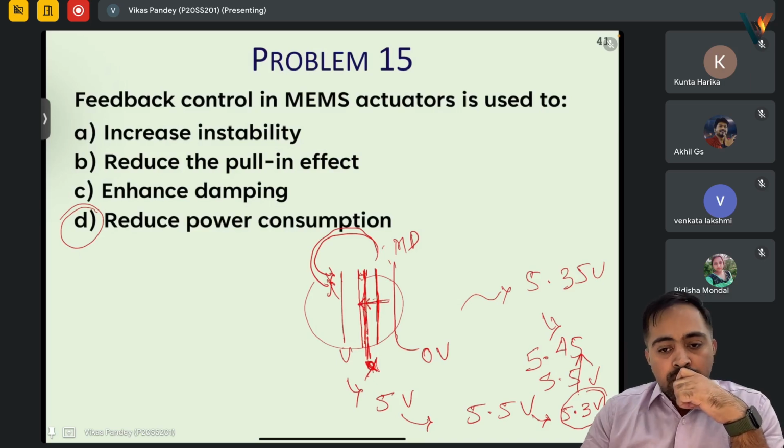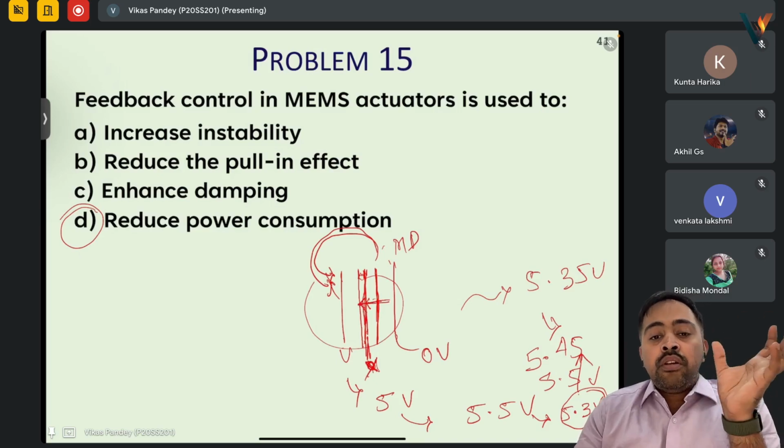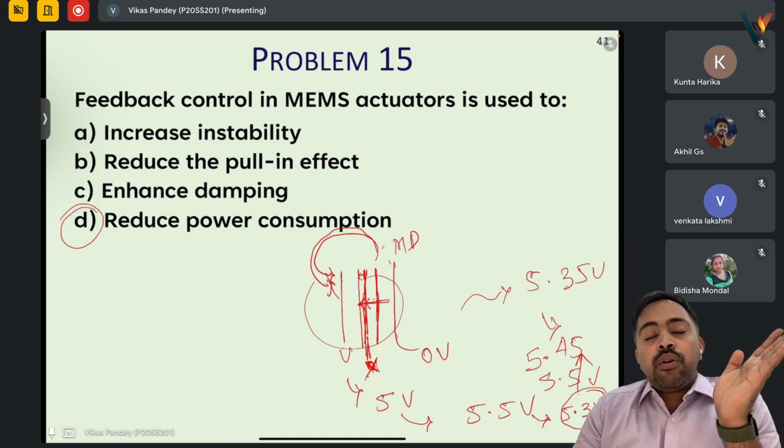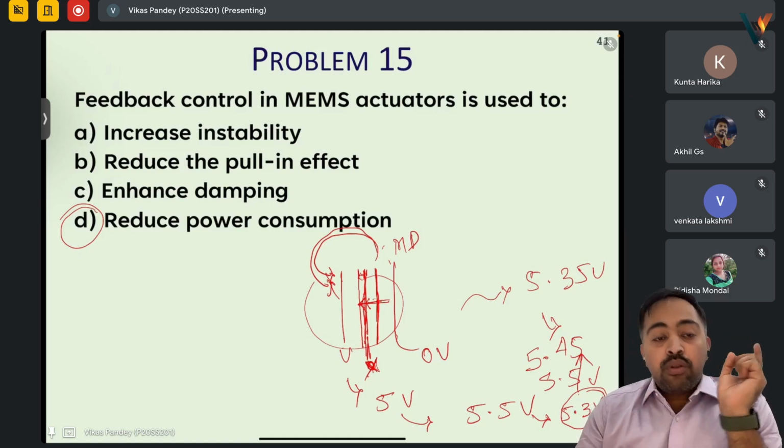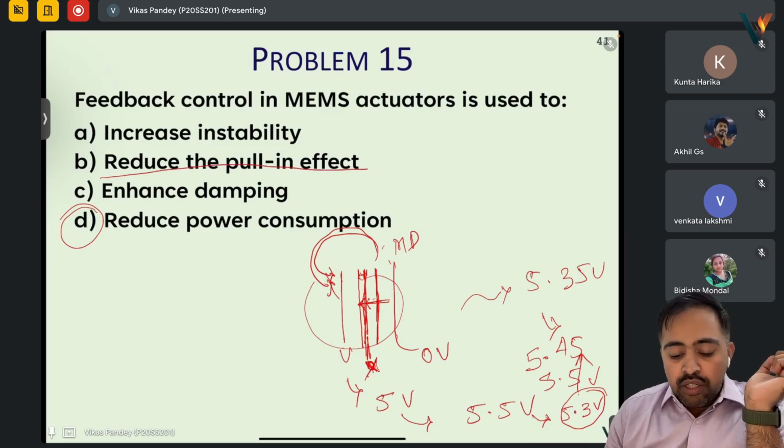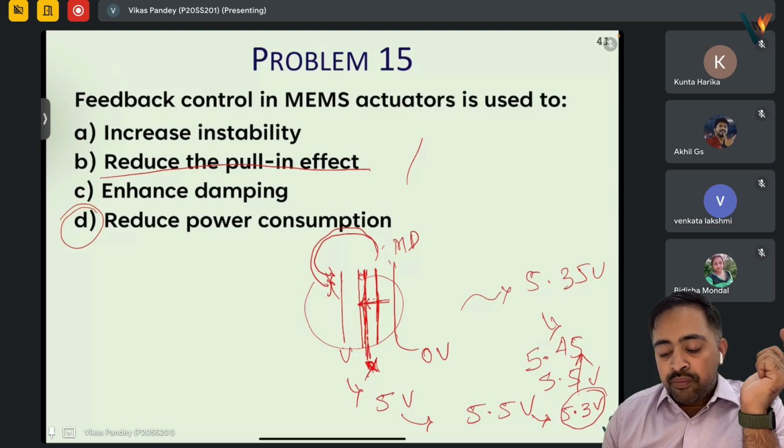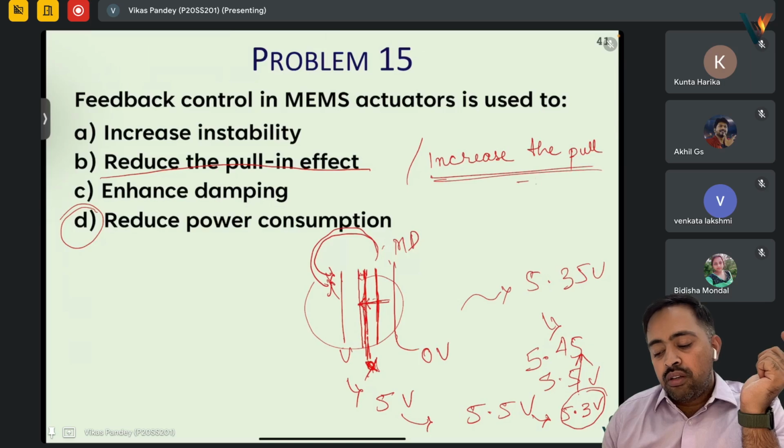Okay. So pull-in is higher or it can be lower. So both answers will be correct. Reduce the pull-in effect or increase the pull-in effect. But this option is not there. Okay.